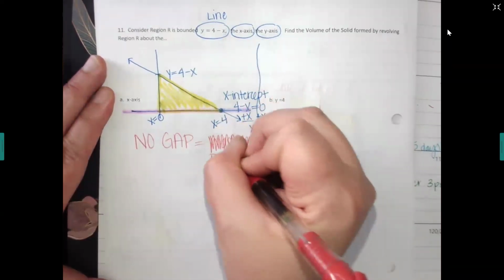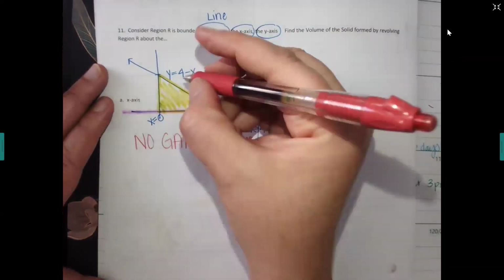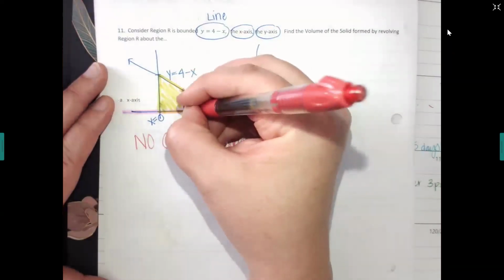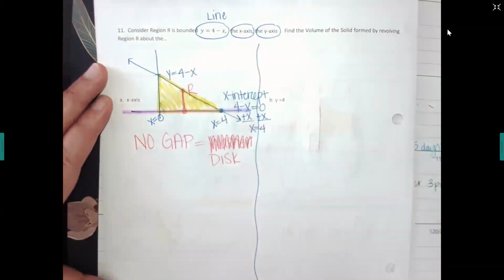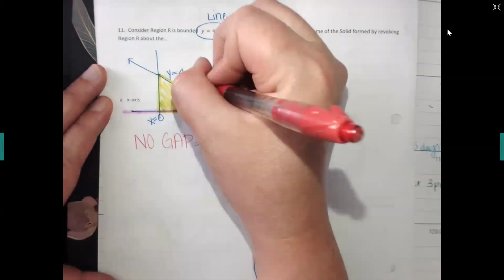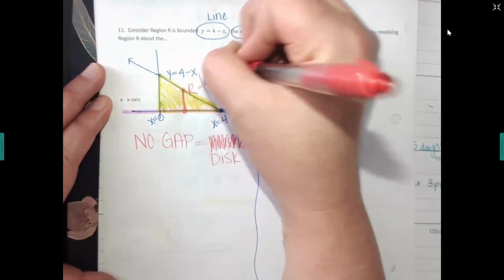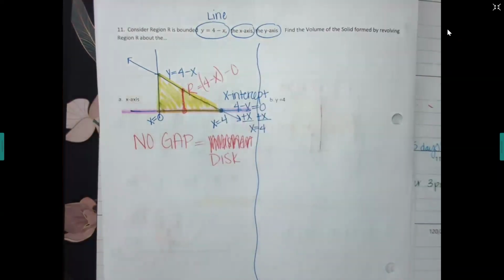The good news about disc method is that you only have one R because you don't have the gap. So my R is going to be here to here. And then remember, it's top minus bottom. So what would the top be? 4 minus x minus 0. Because the bottom, or my axis of rotation, is the x-axis.